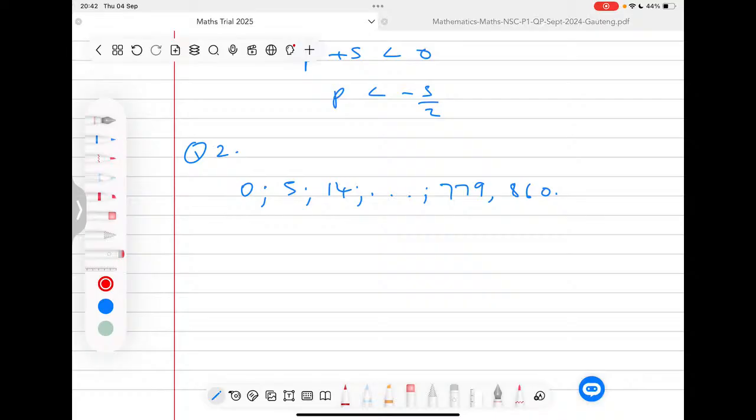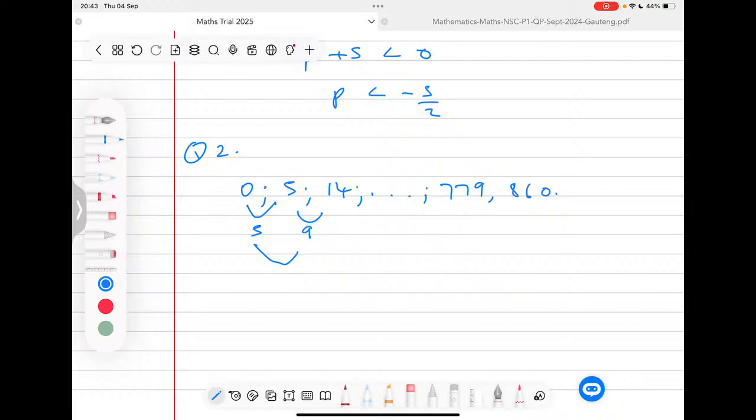Because they said it's a quadratic sequence, we are going to have the first difference here of 5, because I'm going to say 5 minus 0. Then 14 minus 5 gives the second first difference, which will be a 9. And we then look at the first of the second difference: 9 minus 5.